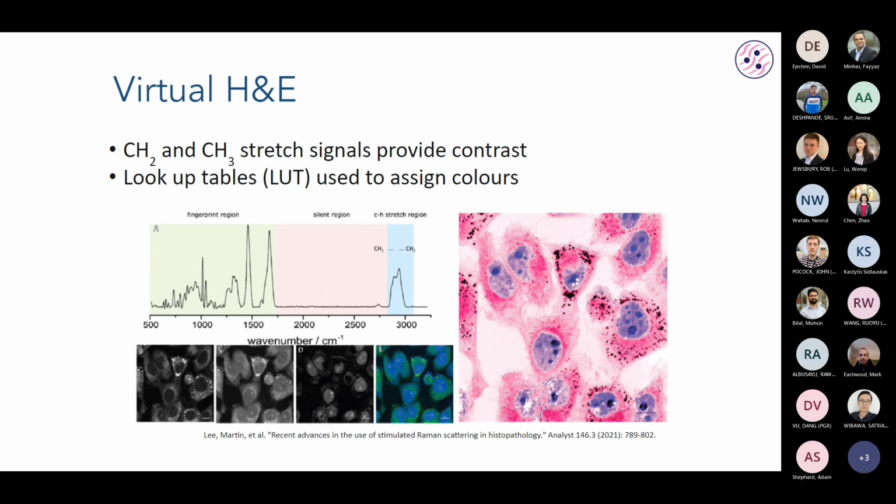So by tuning the difference between the two lasers, first to probe vibrational modes corresponding to the stretch modes of the CH2 groups and then the CH3 groups, you can get a signal which distinguishes between your nucleus and the cytoplasm, as illustrated in these little ones here. And by doing a suitable transformation of those colours, you can get something that looks like H&E without actually doing any sort of physical staining.